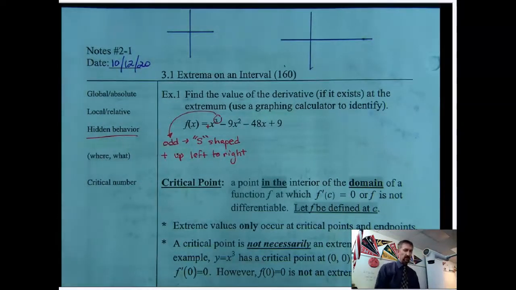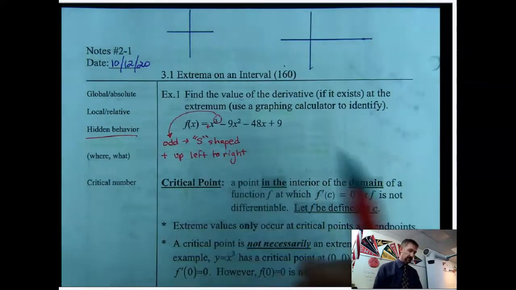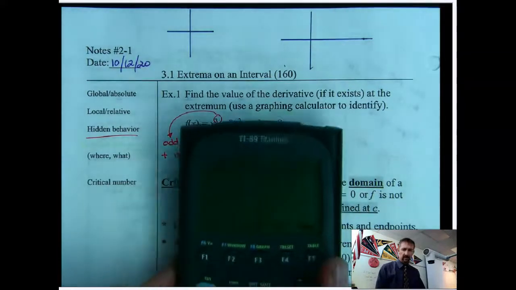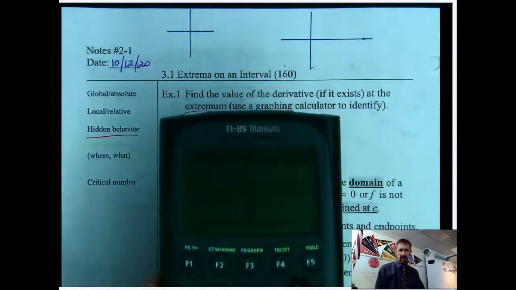So if we were to graph this on a graphing calculator, go ahead and type that into your y equals, and when you graph it, it looks like that.